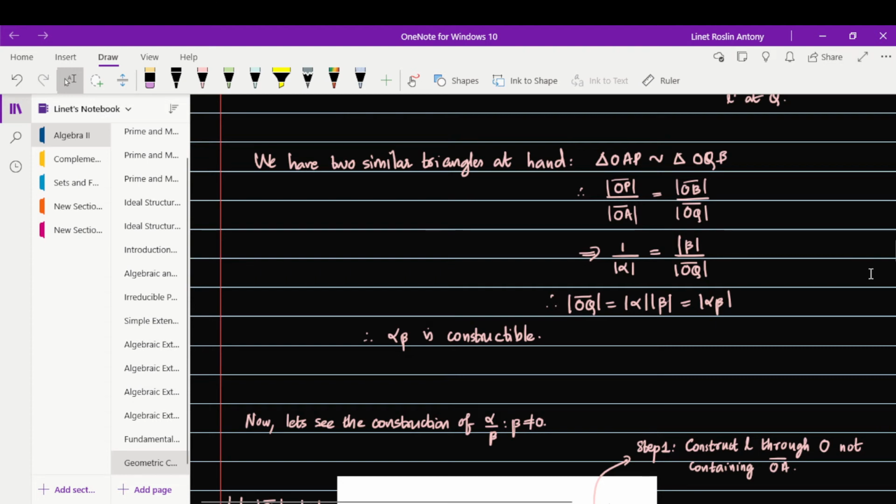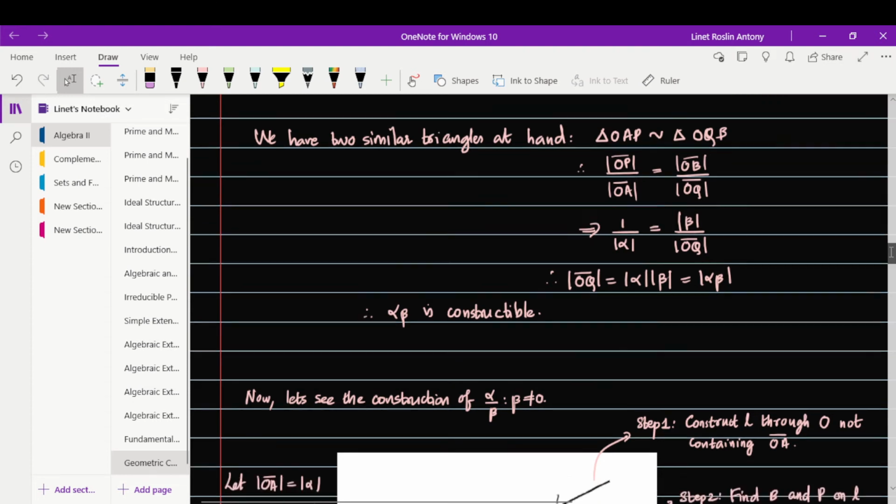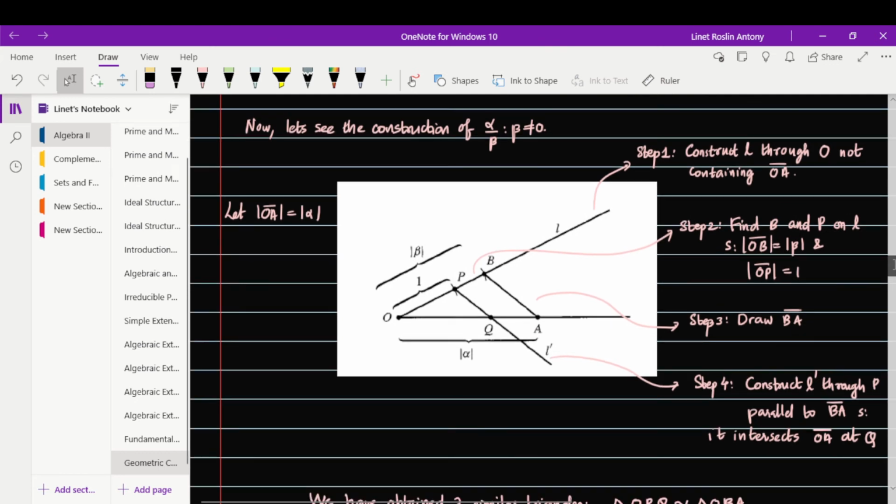Now we have to think about the quotient alpha by beta. To see the construction of alpha by beta, where beta is not equal to 0, consider this figure. Here also, first we draw OA bar, the line segment with length modulus of alpha. Step 1 is to construct the line L through O not containing OA bar, the same as earlier.